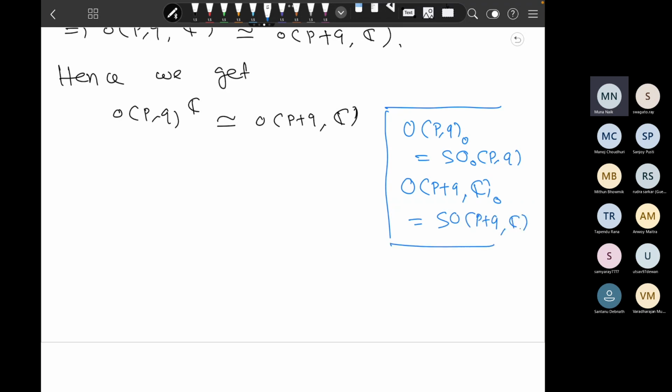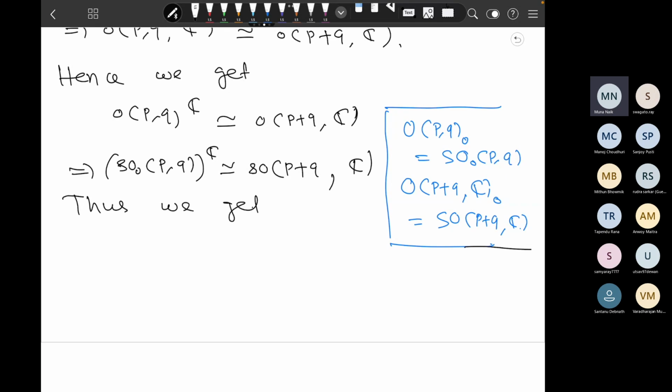So hence you get this thing: SO naught(P,Q)^C is really SO(P+Q)^C.